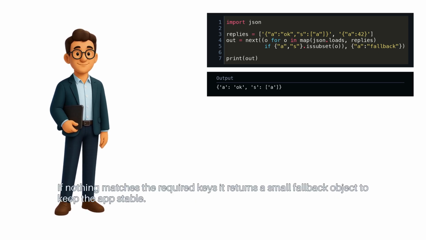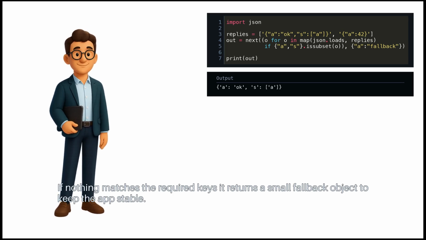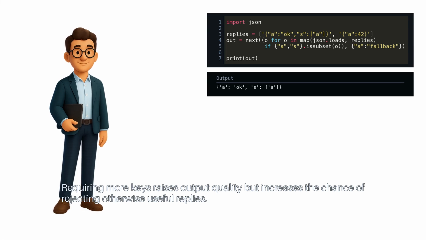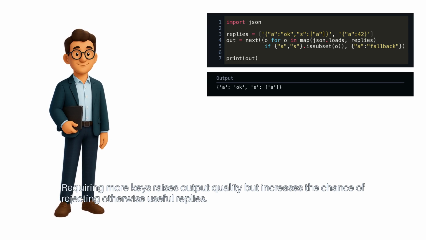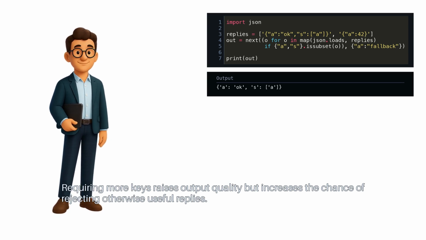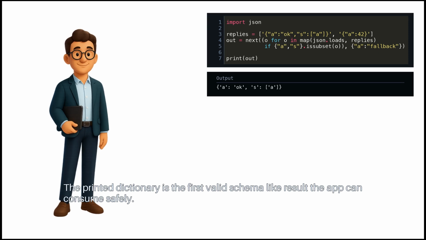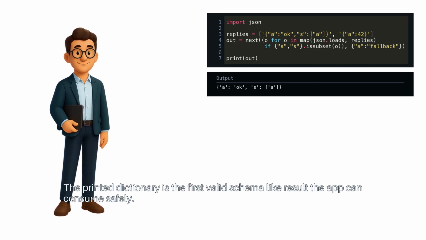If nothing matches the required keys, it returns a small fallback object to keep the app stable. Requiring more keys raises output quality, but increases the chance of rejecting otherwise useful replies. The printed dictionary is the first valid schema-like result the app can consume safely.